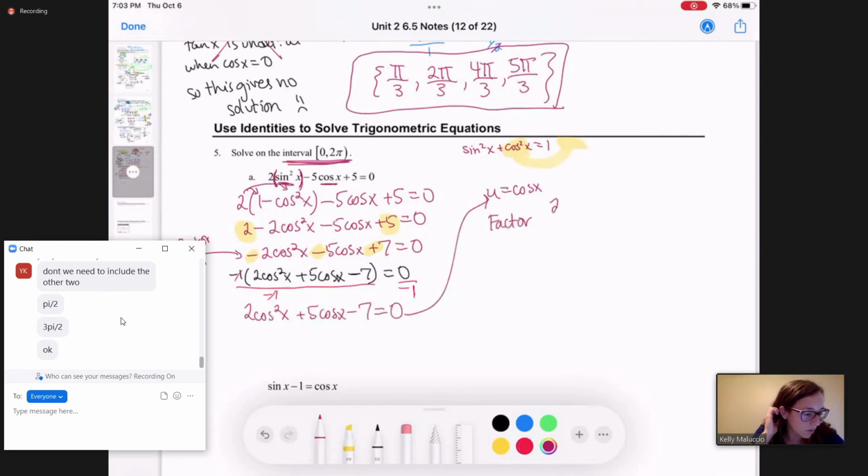because it's 2u squared plus 5u minus 7. So again, for this, you can do the quadratic formula and be brave, or I'm just going to do guess and check. I know it has to be 2u and u.